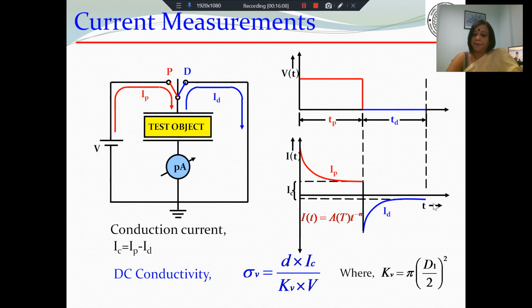Now, typically, the time to depolarization should ideally be equal to the polarization time. So whatever time is required to fully polarize the material should also be the time that is required to fully depolarize the material, in the sense that once you remove the supply voltage, all the polarization mechanisms will be lost, in the sense that the dipoles will lose their alignment.